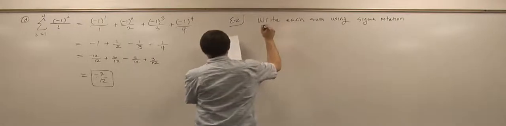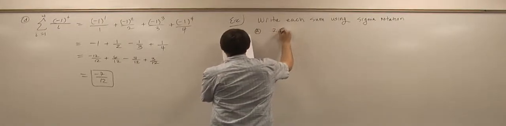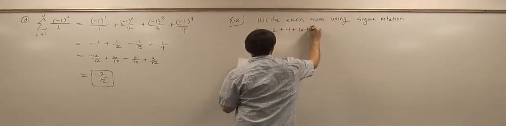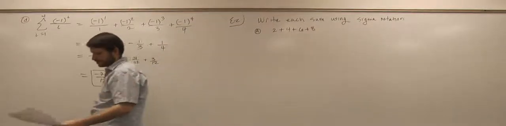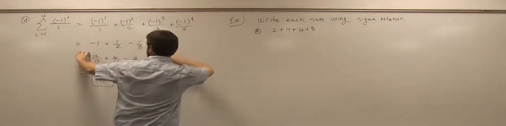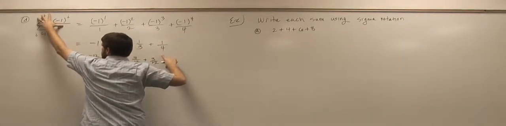And I'll give you something like 2 plus 4 plus 6 plus 8. Okay. So now I'm giving you this side, and I want you to come up with this side.